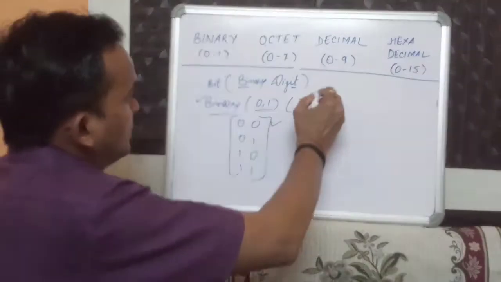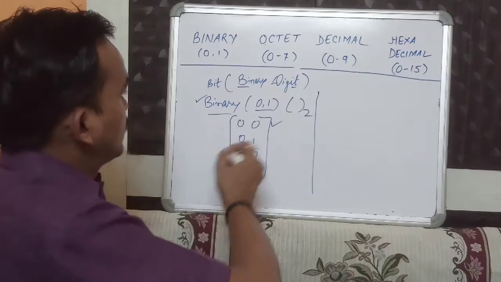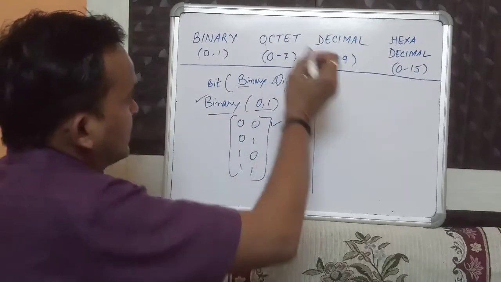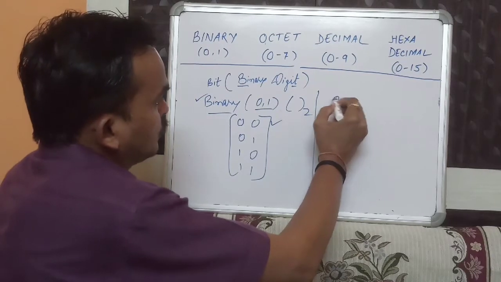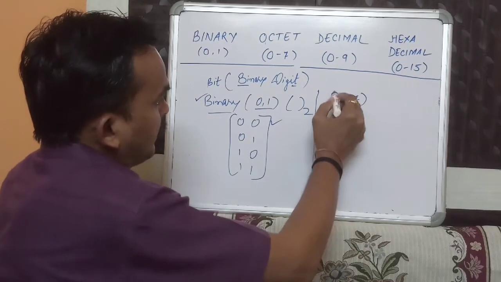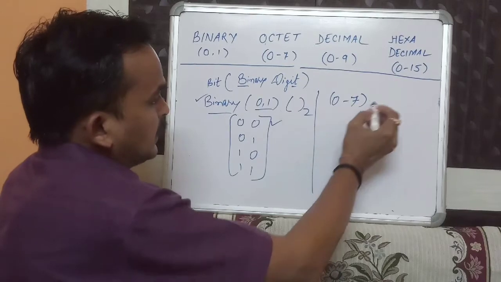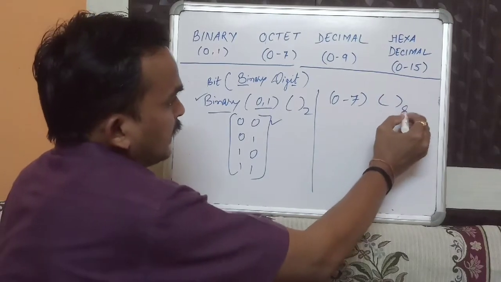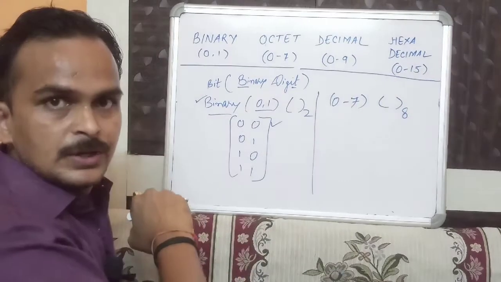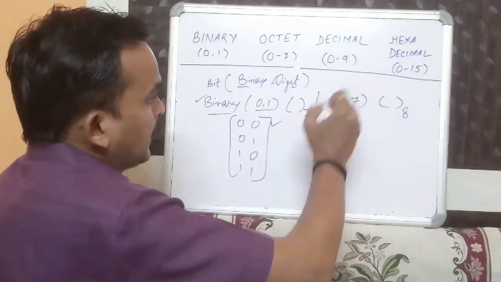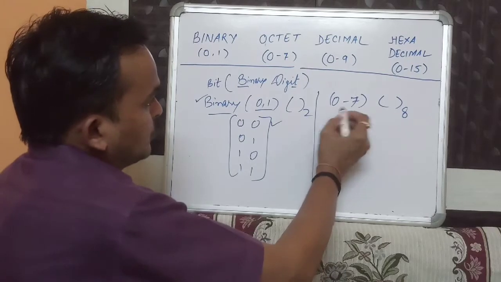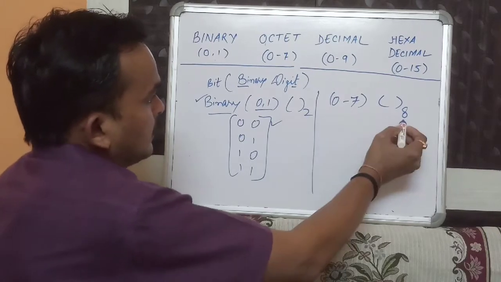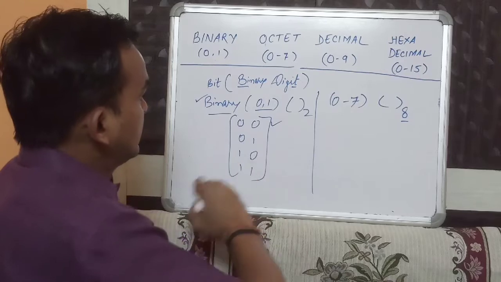Now the other combination of bits is the octal. In octal we use a combination of 0 to 7, meaning a total of 8 digits. That's why we use 8 as the base.